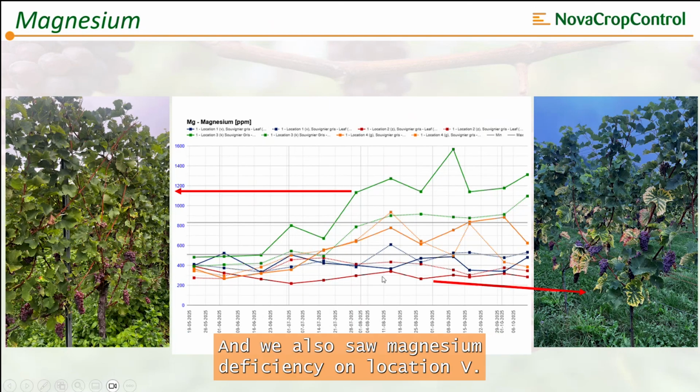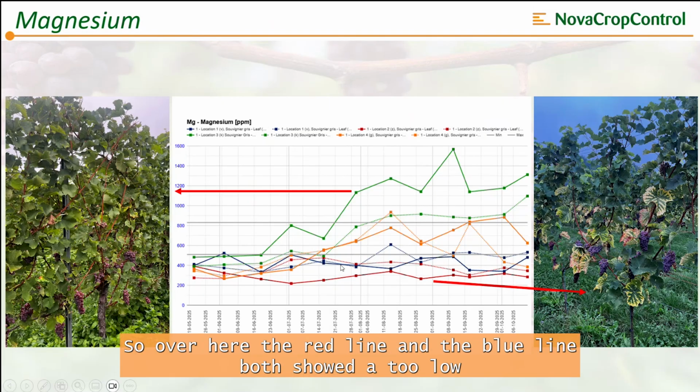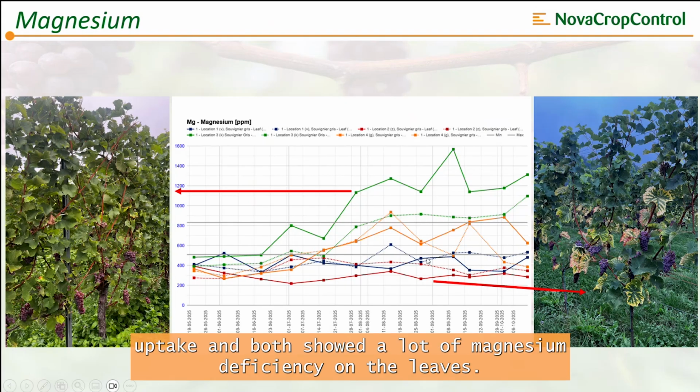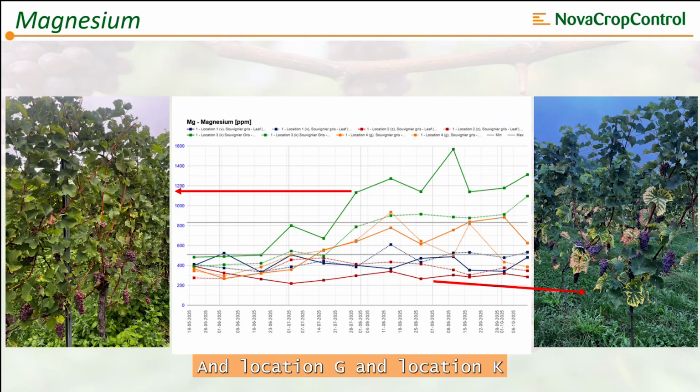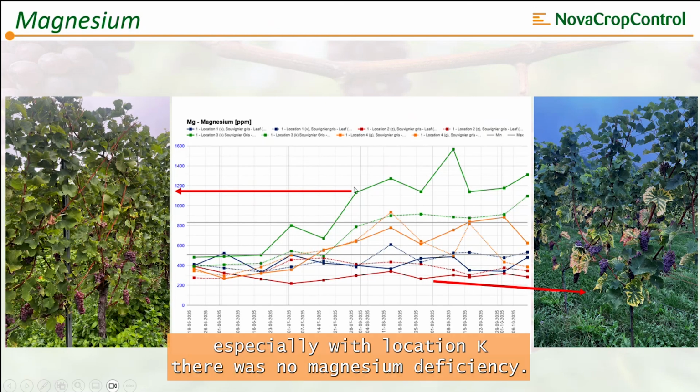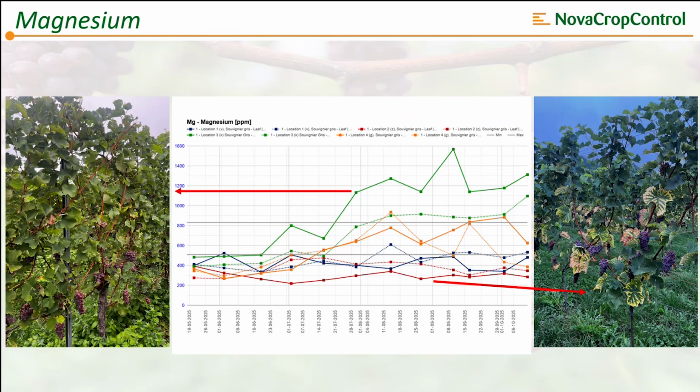We also saw magnesium deficiency on location V. Over here the red line and the blue line both show too low uptake, and both show a lot of magnesium deficiency on the leaves. On location G and location K, especially location K, there was no magnesium deficiency visible. On location G, just here and there a little bit.